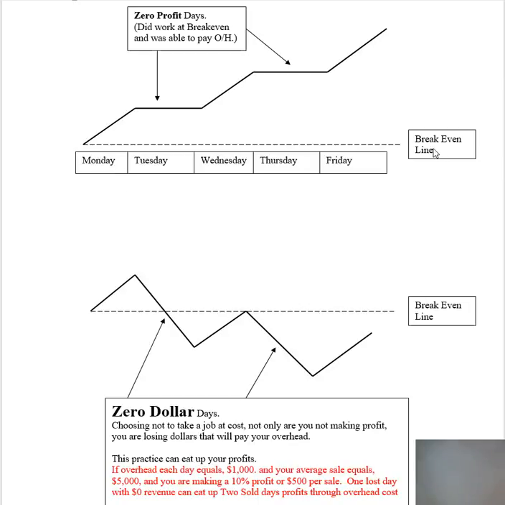If you want to know what break even means, I'm not making money, but I'm covering all of my overhead. So both companies on Monday have covered their overhead and made $500 profit.